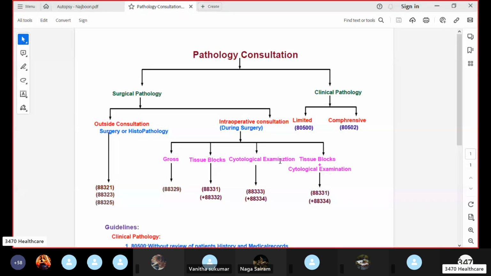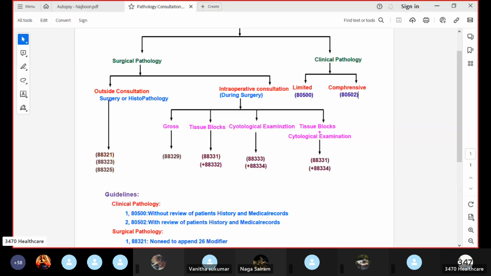In clinical pathology, codes 80500 and 80502 are deleted, so no need of those. Code deleted, leave it. We have surgical pathology in outside and intraoperative, only those have the codes. So outside consultation is 88321, 88323, 88325. Please go and check these codes inside the book.